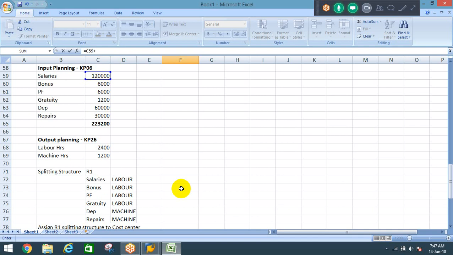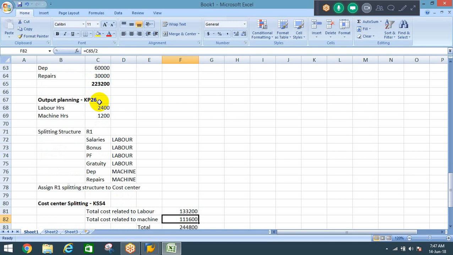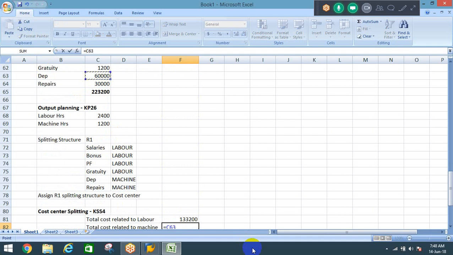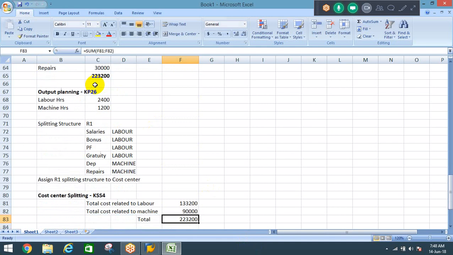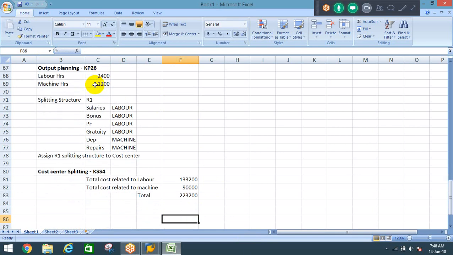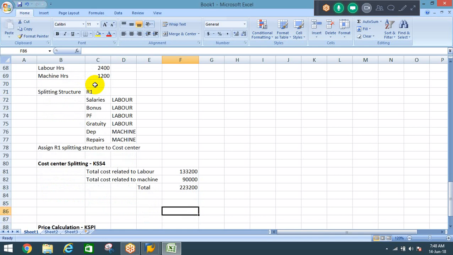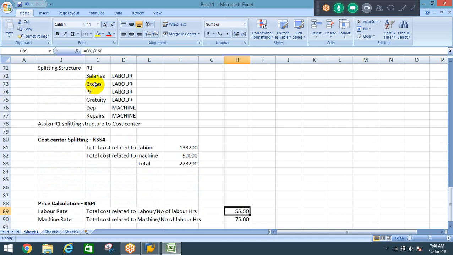Plus this plus this plus this, we will get 1 lakh, because we have the link here in the splitting structure, and we will get the correct price. Whatever price we had in activity dependent planning, the same price comes here too.